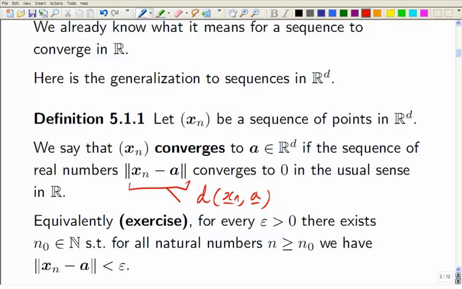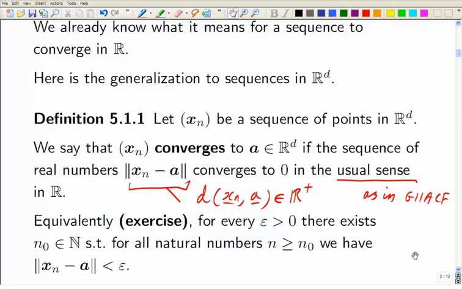And you know about convergence of real numbers, so you can ask, does it converge to 0 or not, in the usual sense, as in G11ACF, in R. So you now convert a question about vectors into a question about real numbers. In fact, that's in R+. And you can ask whether it converges to 0 or not.